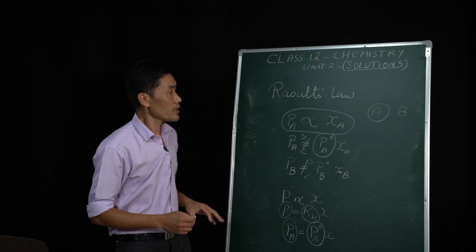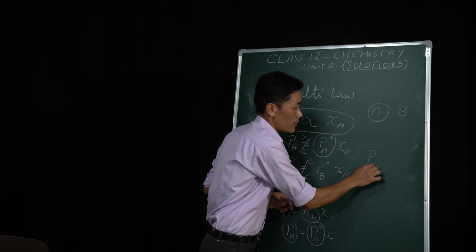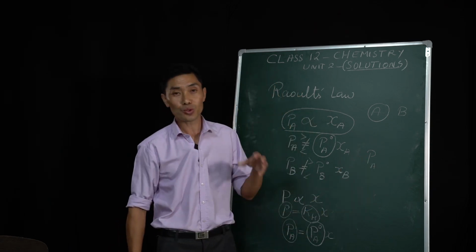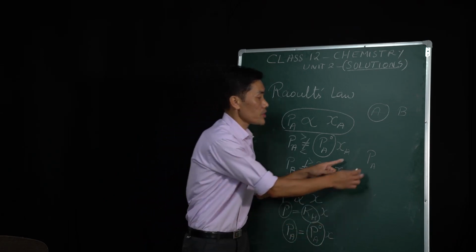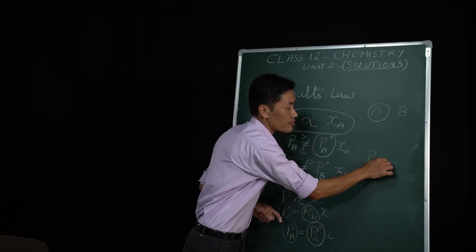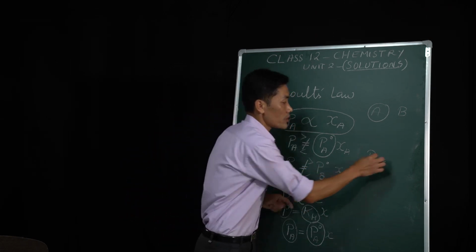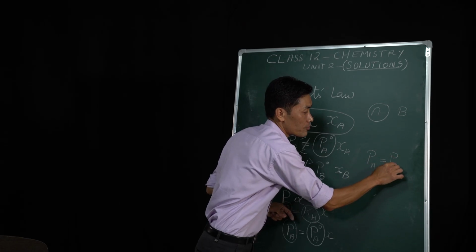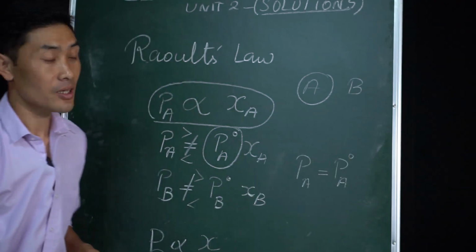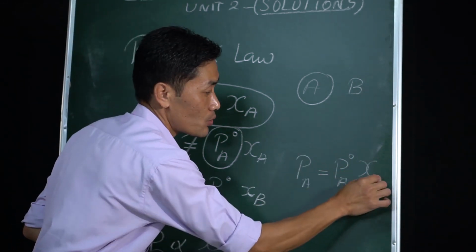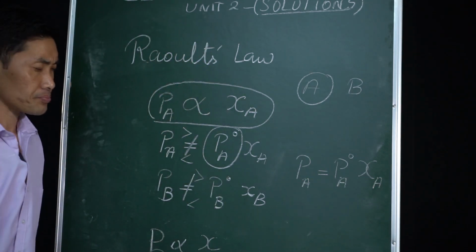So once again, if we have a component A in a solution, and the solution is an ideal solution obeying Raoult's law, then PA, the partial pressure of the component in the solution, will be equal to the pressure of the pure component multiplied by its mole fraction. So we can write PA equal to PA naught into XA.